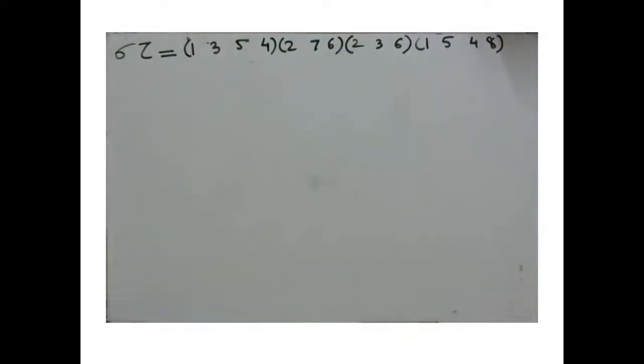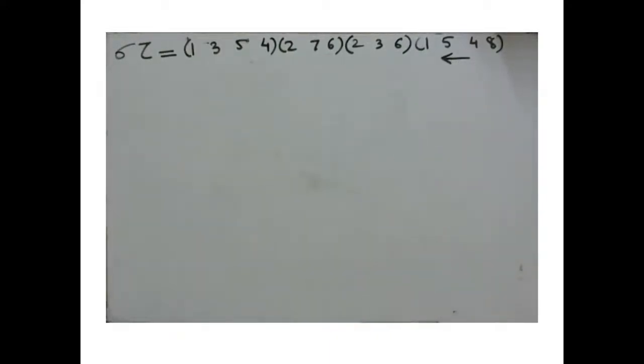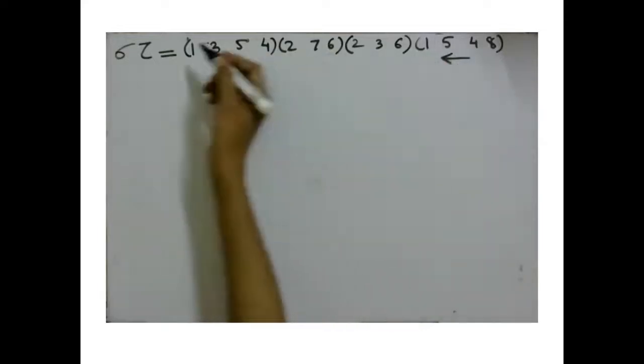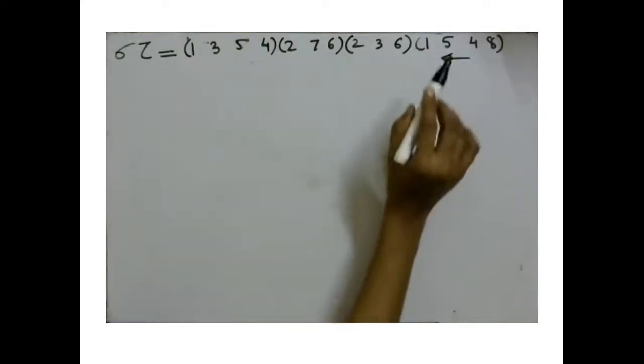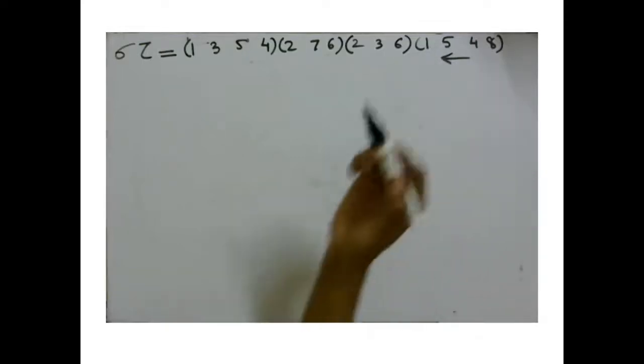Now how to do the multiplication of these two cycles? Again, as usual, you have to multiply from right to left.